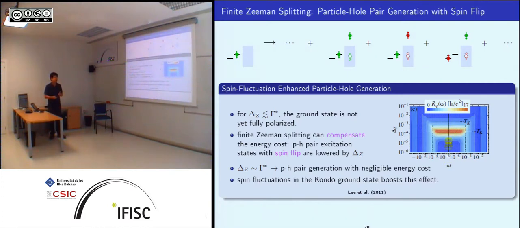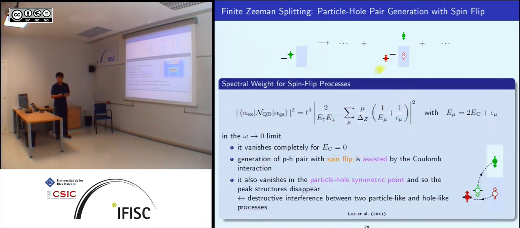So this is the reason why we have very pronounced resistance at zero frequency, if the Zeeman splitting is comparable to the Kondo temperature. So it means there are other processes which keep the spin in the quantum dot unchanged, but there is no energy gain at all.